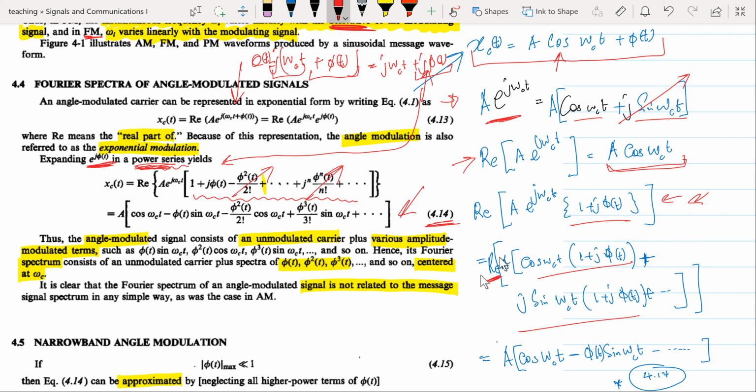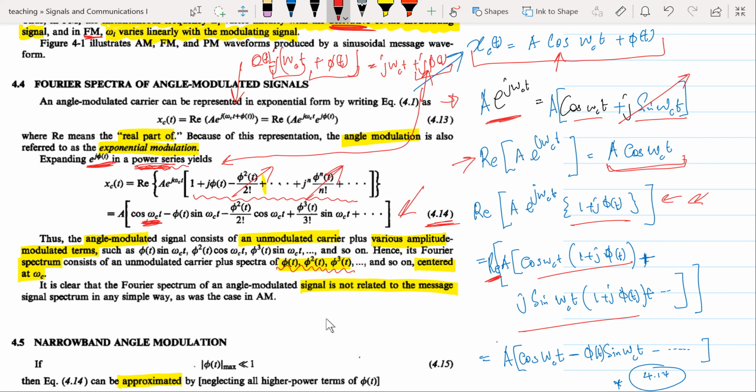And this simply leads us to one important conclusion, that the angle modulated signal consists of one unmodulated carrier, which is represented by this term. This is not touched by the message signal, and then plus other terms, again having higher powers of phi of t.